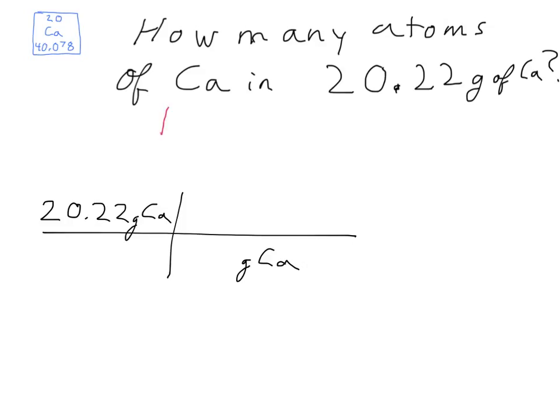Our periodic table, if we look up calcium, calcium's number 20, and you'll see that 1 mole of calcium, according to the periodic table, has a mass of 40.078 grams. So, I'm going to keep the numbers with their units. 1 goes with moles.